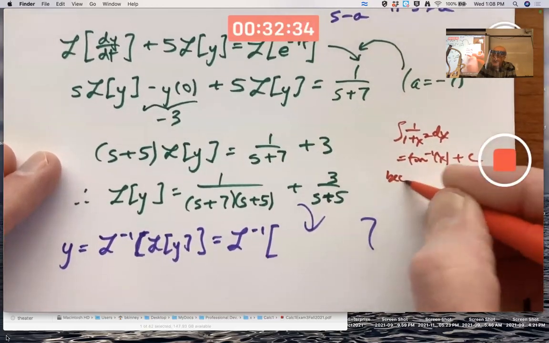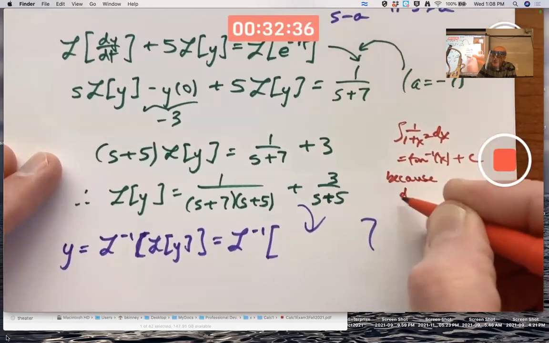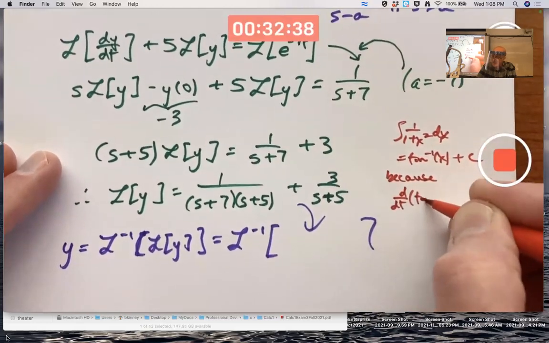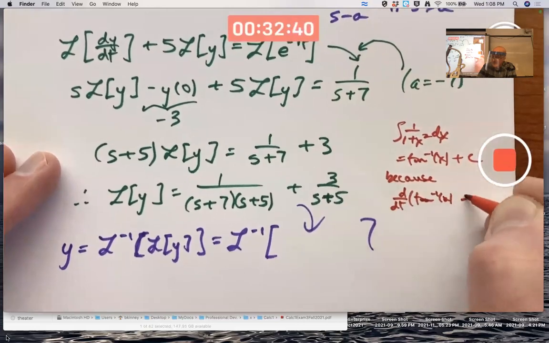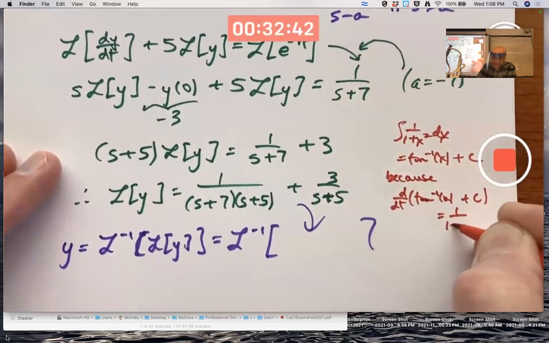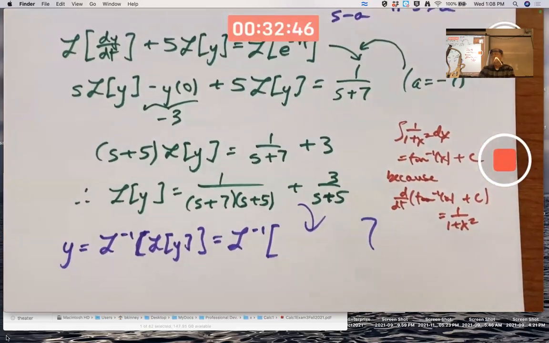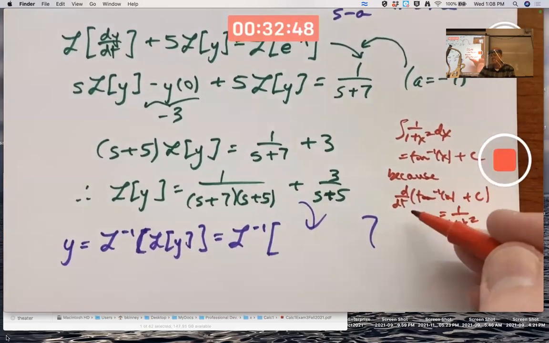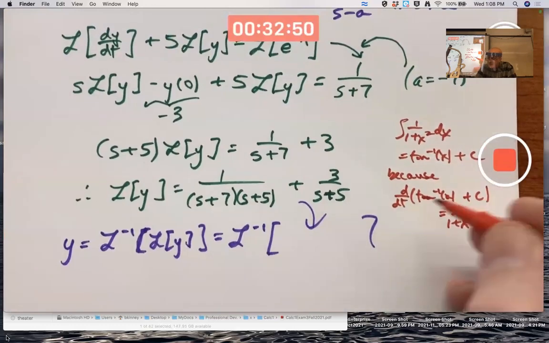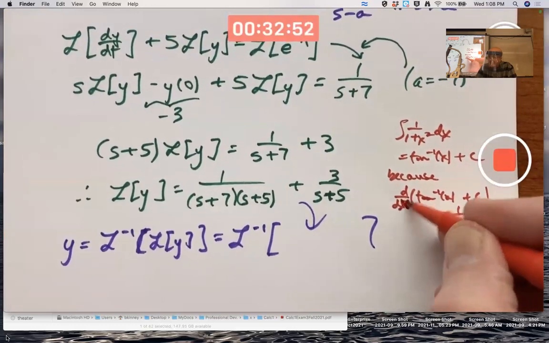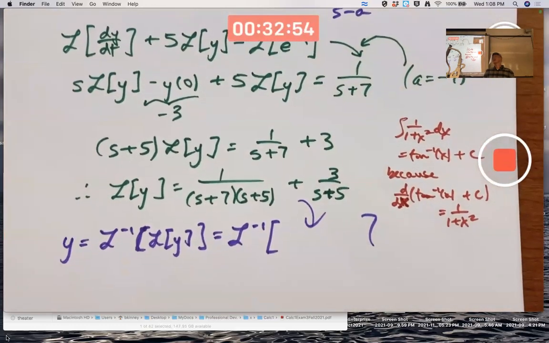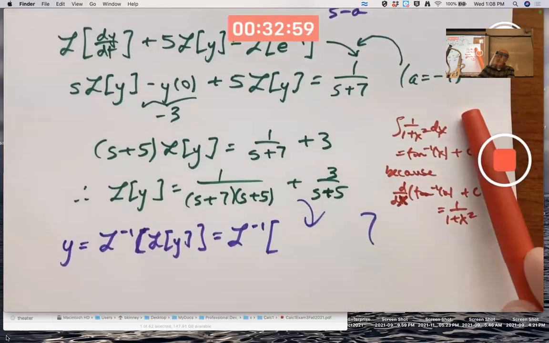Because the derivative of inverse tangent plus c is 1 over 1 plus x squared. That's the reason. The integral is the inverse operation of the derivative. If you know this derivative fact, then you know the integral fact.